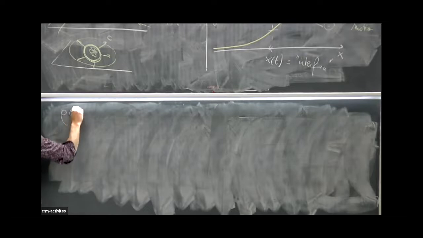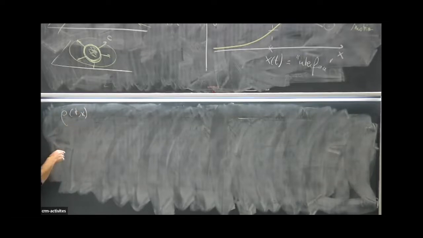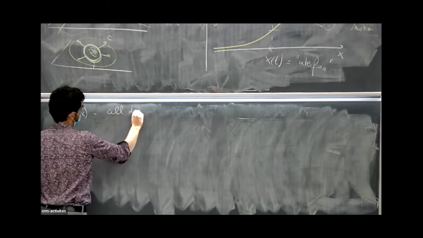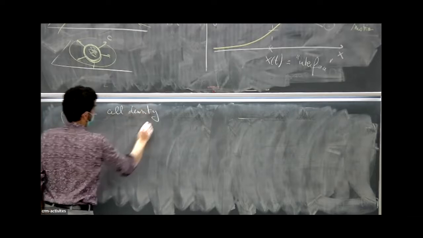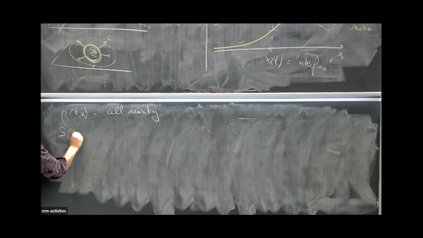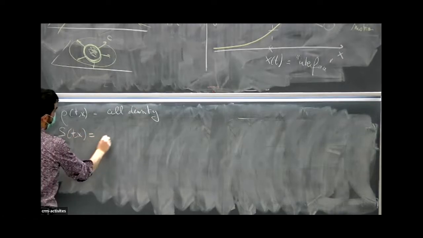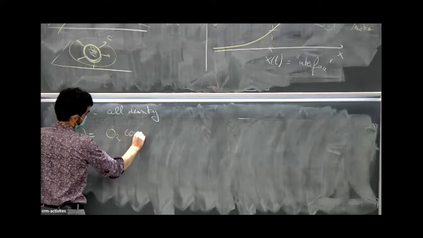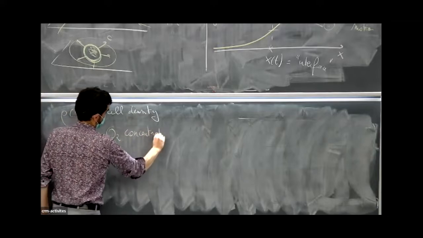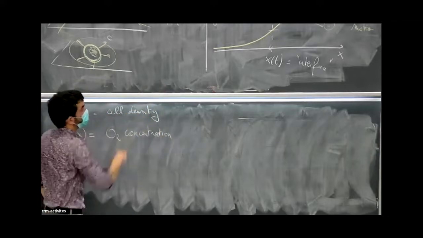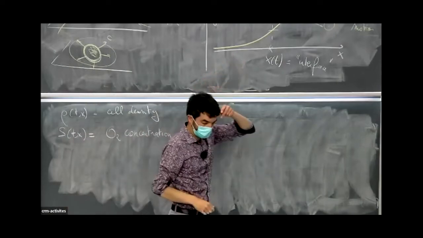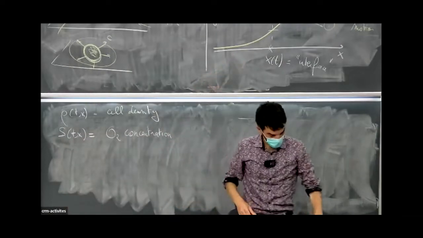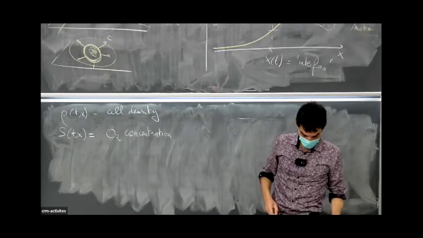I will commonly use rho of t of x for the u of Chris' talk, which is the cell density, and s of t of x, the signal, here it's oxygen concentration, which has this profile in my mind.